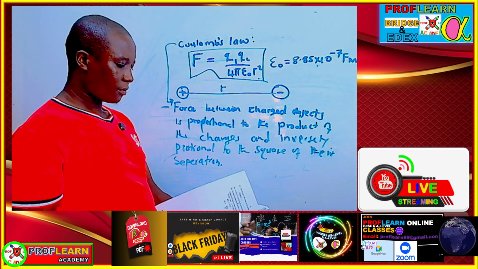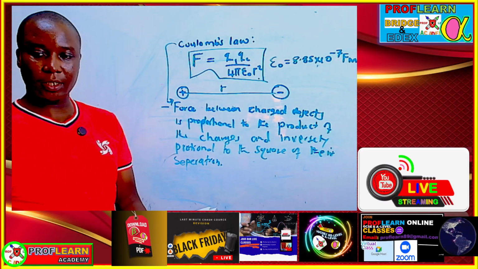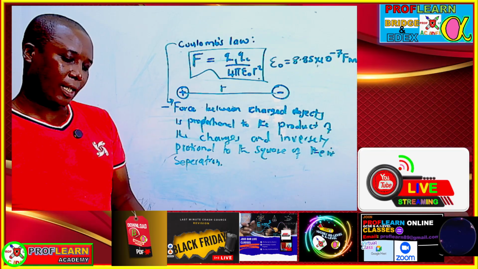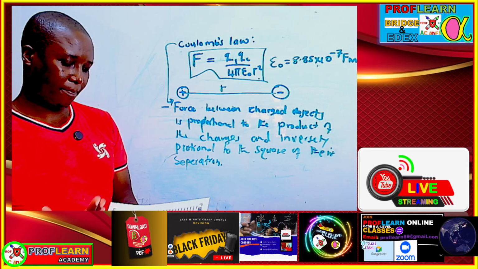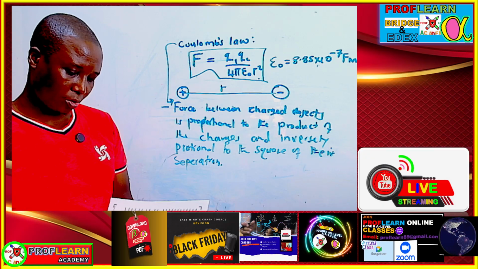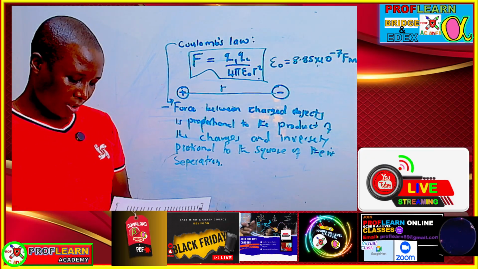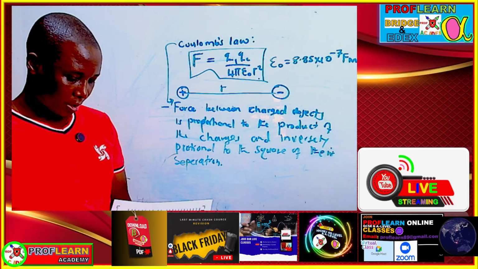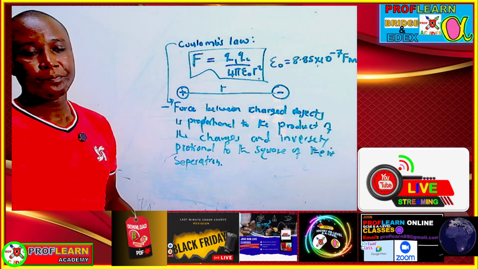This is a constant which is provided at the beginning of your exam, on the first page. It's given there, so it's not something that you really need to worry about cramming.